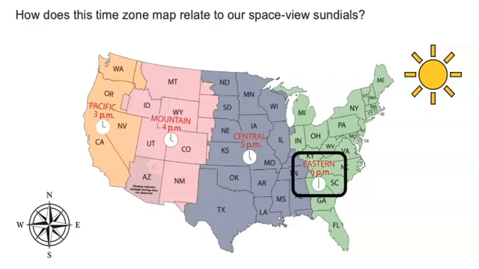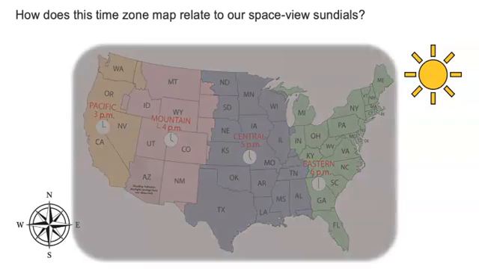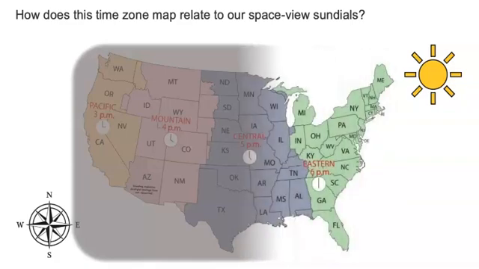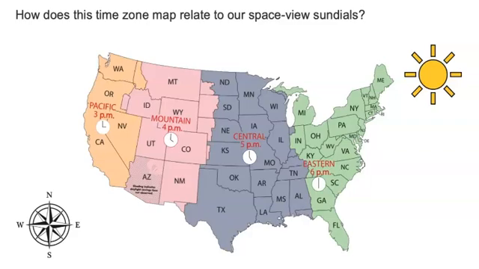On this time zone map, the Eastern time zone is 1 hour ahead of the Central time zone, 2 hours ahead of the Mountain time zone, and 3 hours ahead of the Pacific time zone. So the Eastern time zone experiences sunrise first, followed by Central, Mountain, and Pacific. This time zone map supports our observation that locations that are further east experience sunrise earlier.